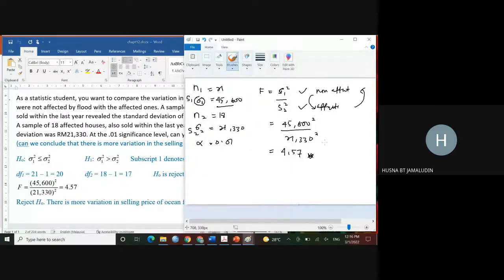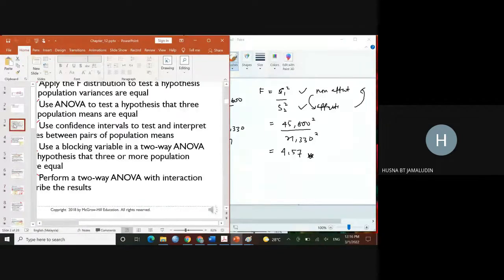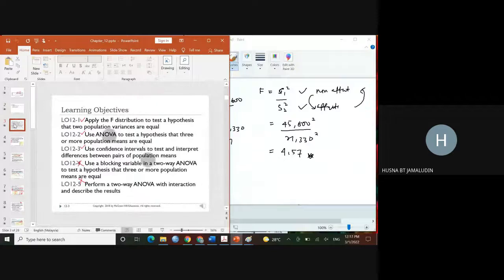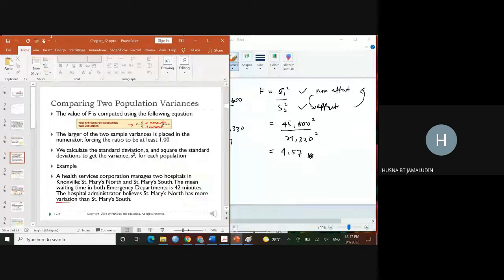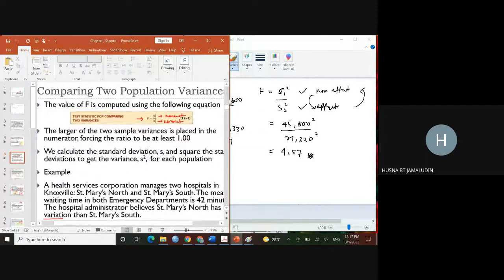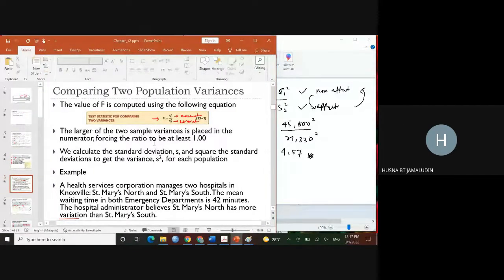Okay, so why is that? There is a technical reason for that. Okay, this one. If you look at this F, this is something you have to know.